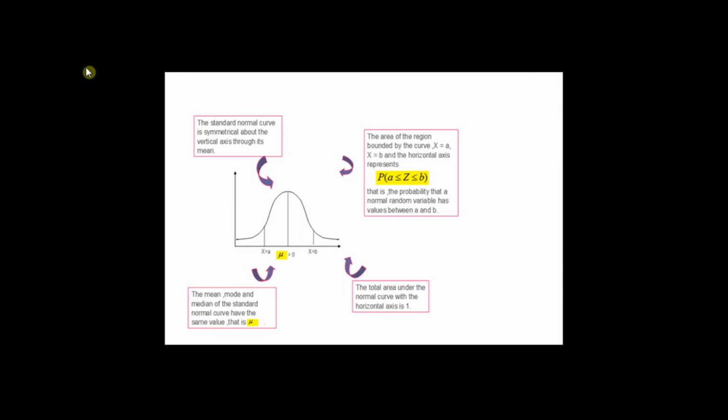Now we're going to discuss the standard normal distribution. The standard normal distribution is represented by the Z score and is normally distributed with mean 0, standard deviation 1, and variance 1 as well. First, the shape of the standard normal distribution is a bell shape, and the standard normal curve is symmetrical about the vertical axis through its mean, and the mean equals 0.